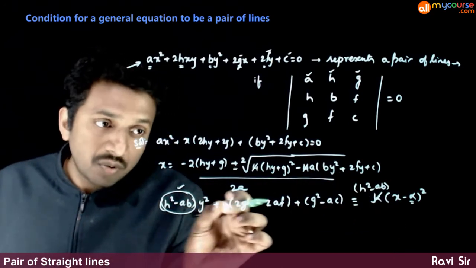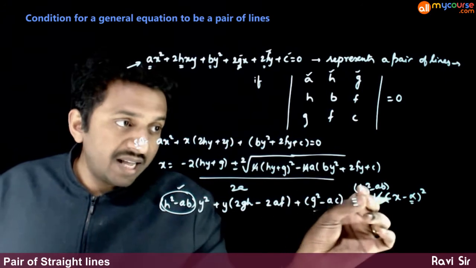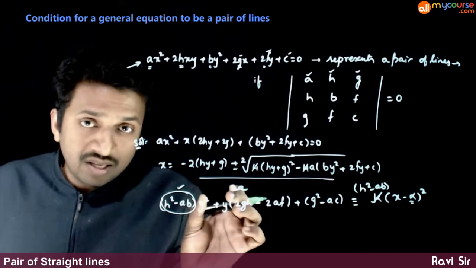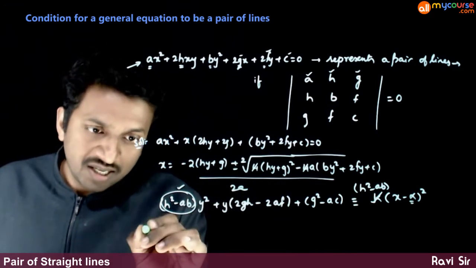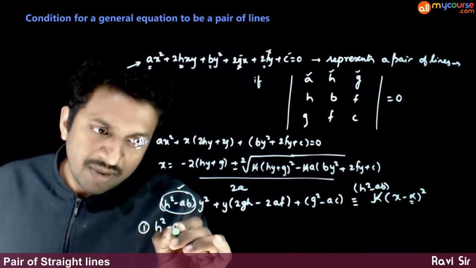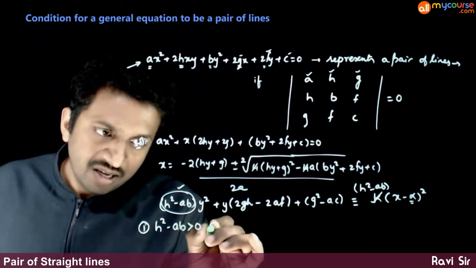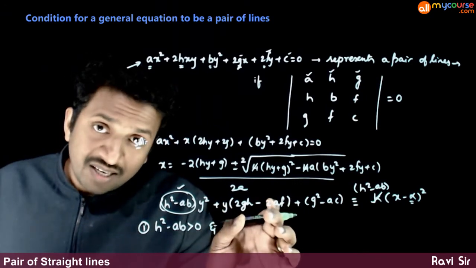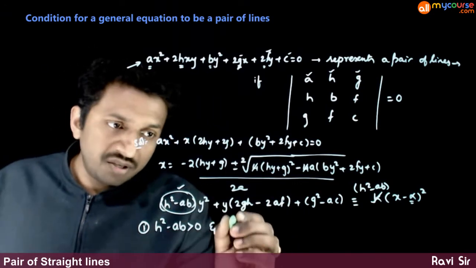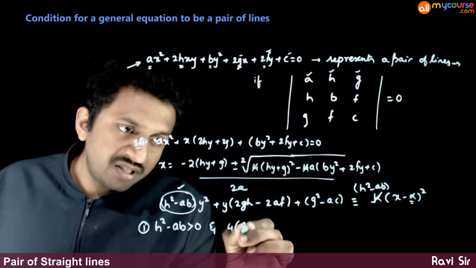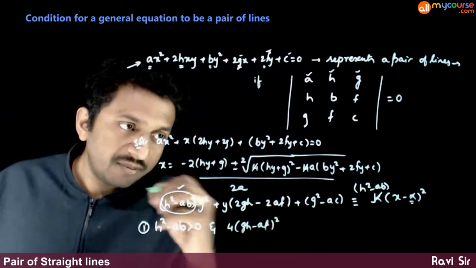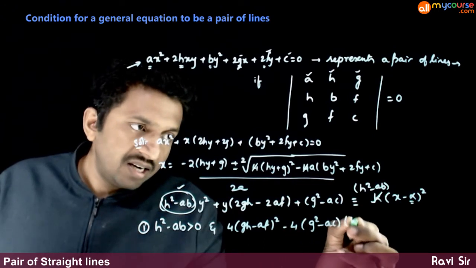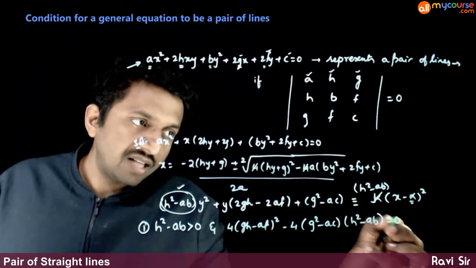As we have seen, ax square plus bx plus c can be written as a times (x minus alpha) times (x minus beta). So the condition for this to be a perfect square is, first, h square minus ab has to be positive, and the discriminant of this has to be equal to 0. That is 4 times (gh minus af) whole square minus 4 times (g square minus ac) times (h square minus ab) has to be equal to 0.